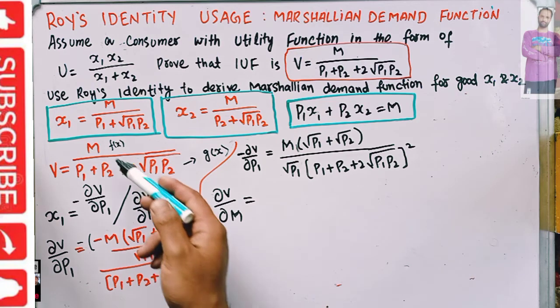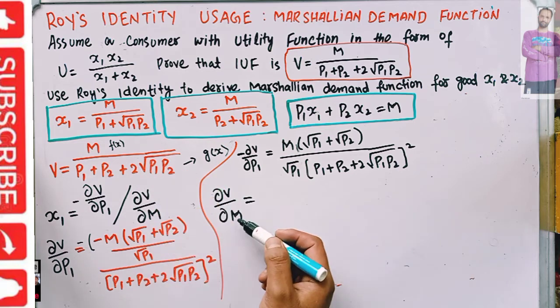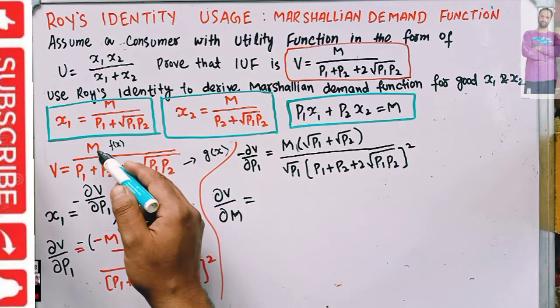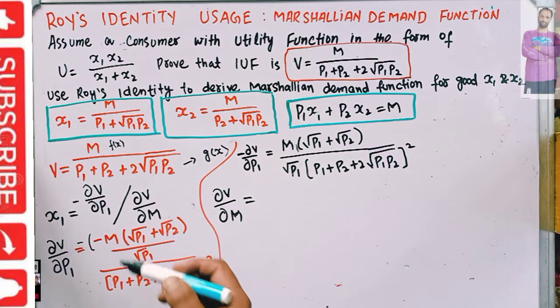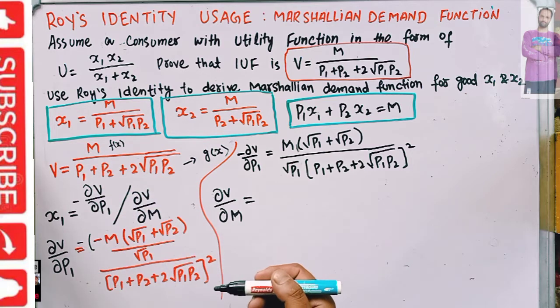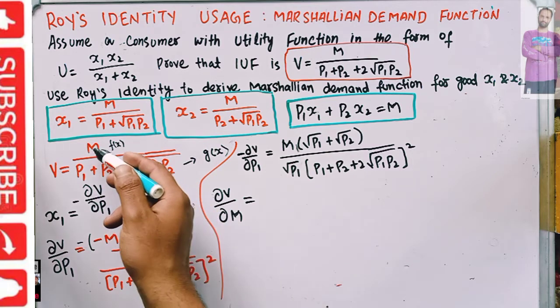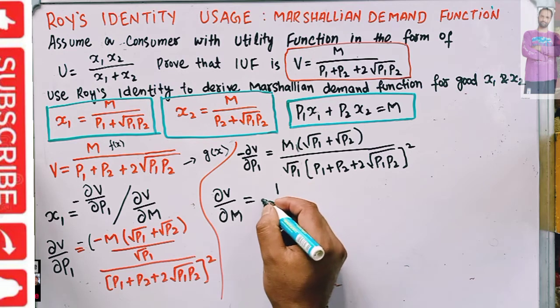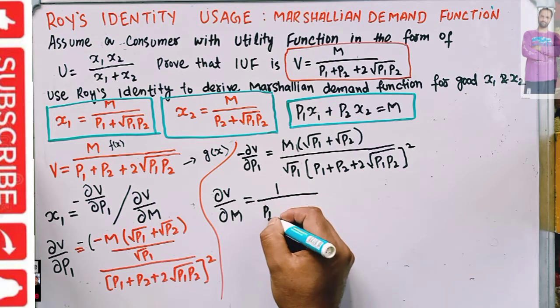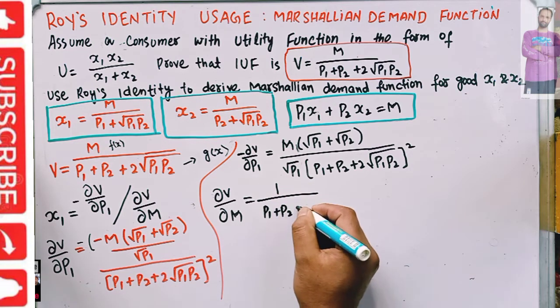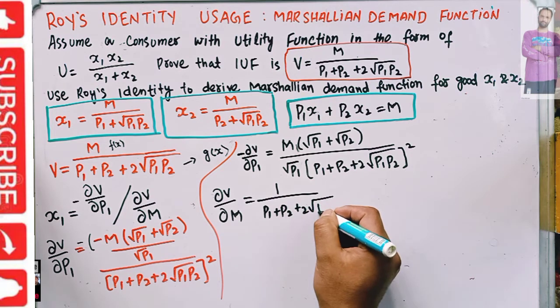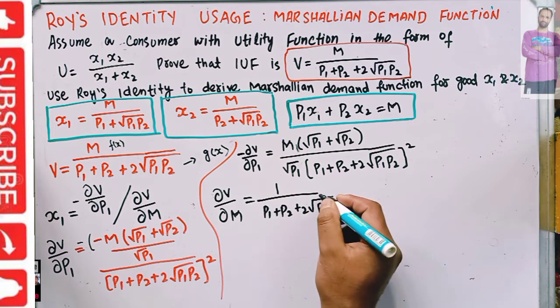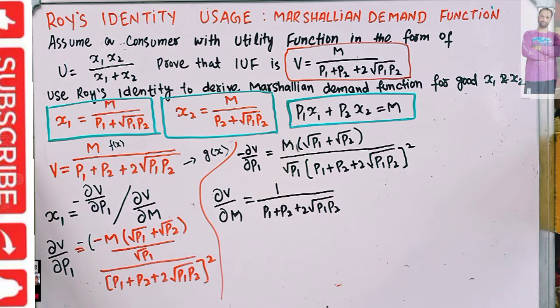Dv upon dm means taking the derivative of this function with respect to m. So m we have in the numerator. It is very simple. The derivative of m is 1, so we are left with 1 upon p1 plus p2 plus twice p1 p2.